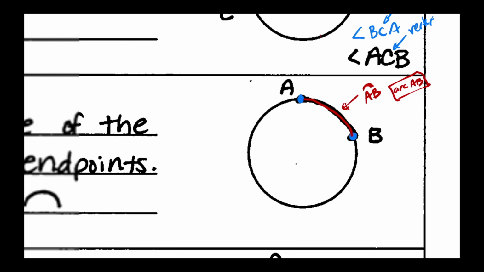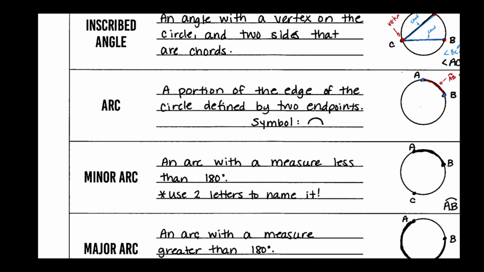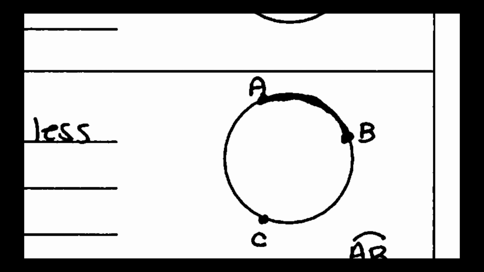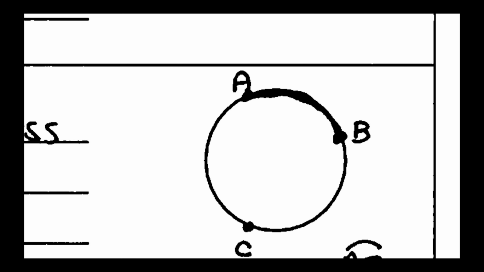Well, thank you for asking, student, because we have two things called the minor arc and the major arc. The minor arc is the small one. So if I tell you here's 2 points, A and B, the minor arc will be the small arc between them.